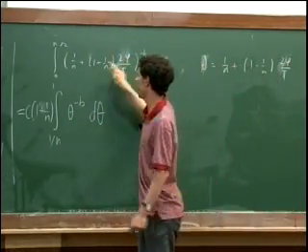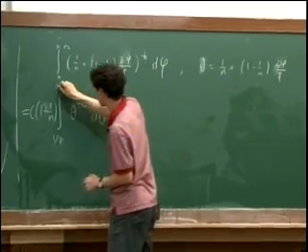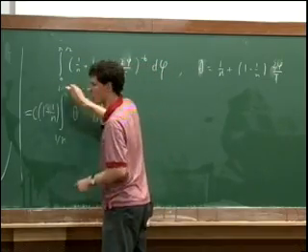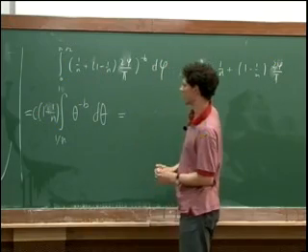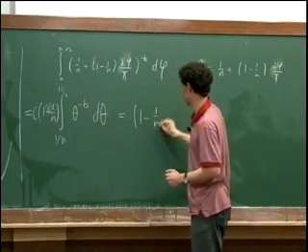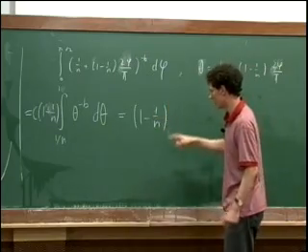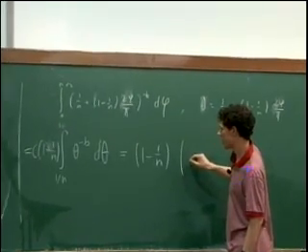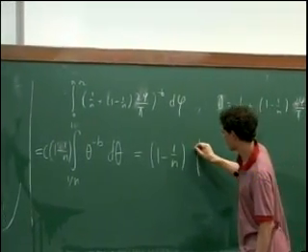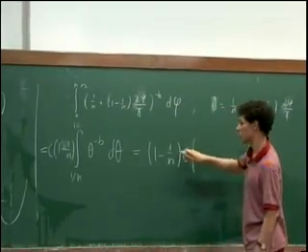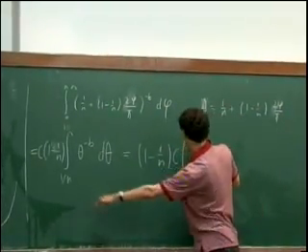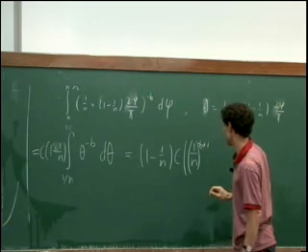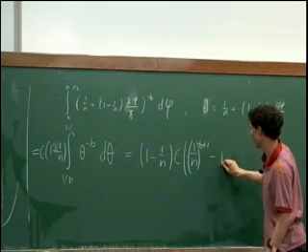Plug in phi is equal to pi over 2. These will just cancel. We get 1 minus... We get 1 over n plus 1 minus 1 over n, which is just 1. And if this integral is evaluated, you obtain 1 over n times a constant which will depend on b, and you will obtain 1 over n to the power b plus 1 minus b plus 1 minus 1.